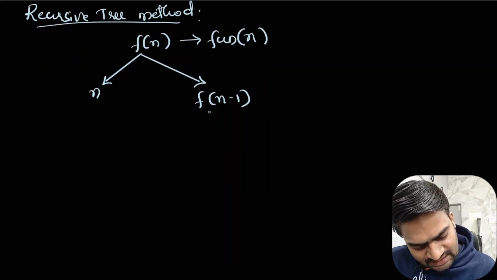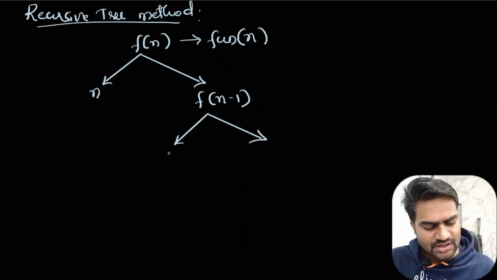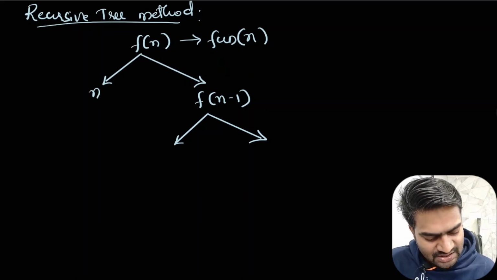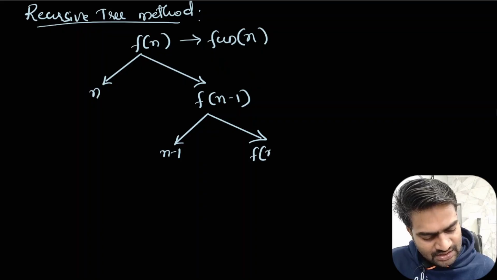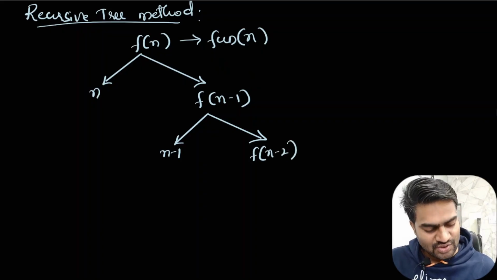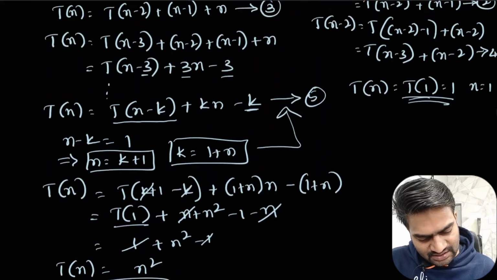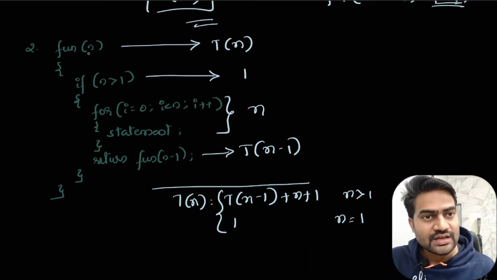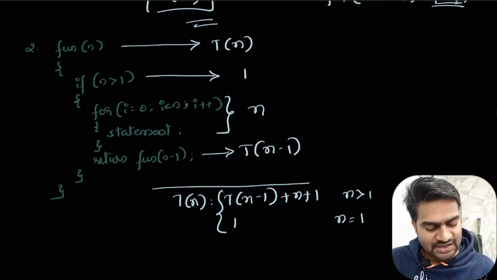Now in the next iteration what happens? Again it will do n amount of work, but now it is not exactly n, it will be n minus 1 amount of work, and then it will call f(n-2), because when it calls f(n-1), this n also will be updated with n minus 1.